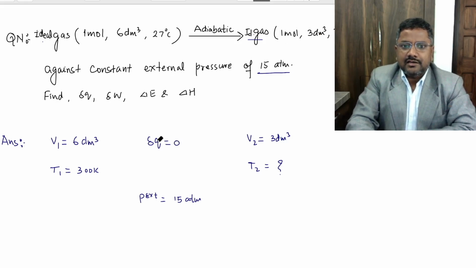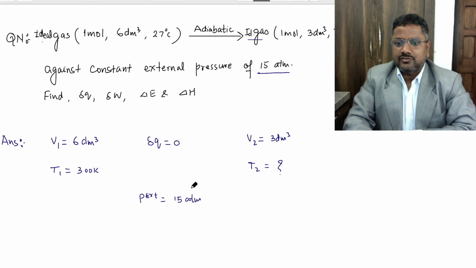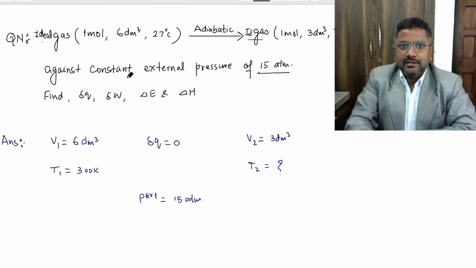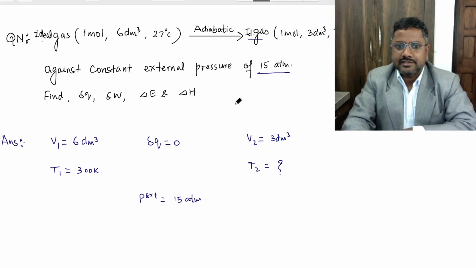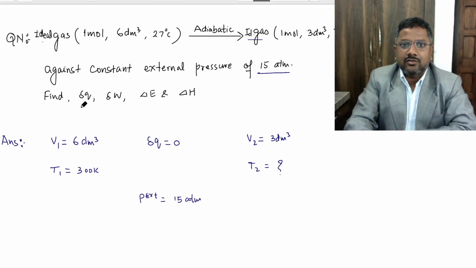Find delta Q, 0, work. So to calculate work against constant external pressure, which type of process is this, reversible or irreversible? See, in the whole question, there is no mention of this process.